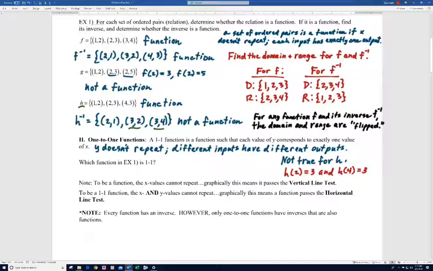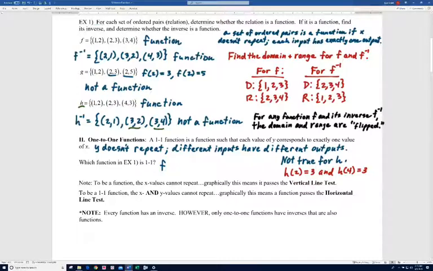And so this is another way to see that h is not a one-to-one function. It says which function in example 1 is one-to-one, and that would be the first one. Each of our inputs have different outputs. So basically x doesn't repeat and y doesn't repeat. So f is the only one that's like that.